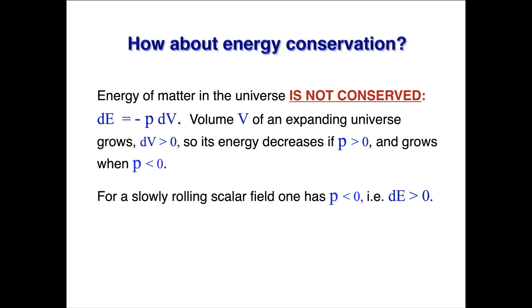For example, if it is hot gas and the universe expands, then the pressure of the gas does some work, helping the universe to expand. For the scalar field, the situation is inverted. We have energy of vacuum, and strangely enough, the pressure of vacuum is negative.